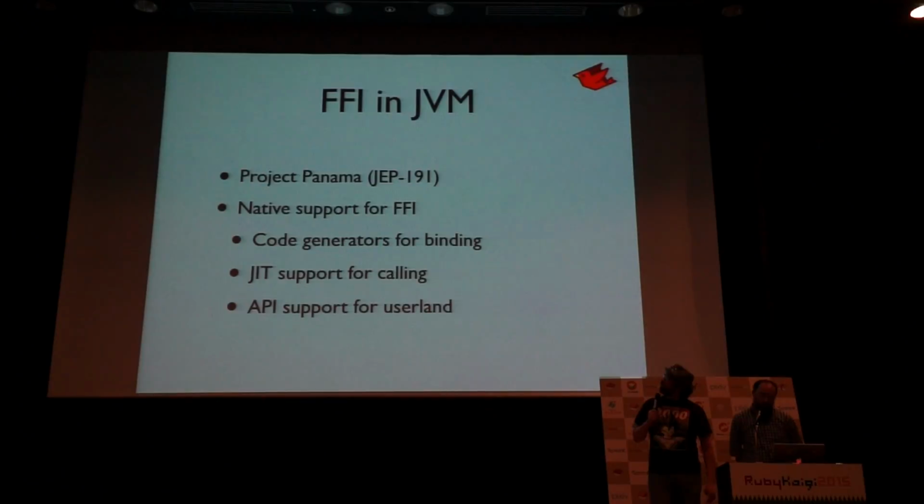And this is actually in progress now. Native support for FFI in the JVM. It can look at a header file, generate all the code bindings for you, and then the JIT actually understands those calls to native code. So when it compiles Ruby code or any JVM bytecode, it can actually optimize it just like regular C code would.